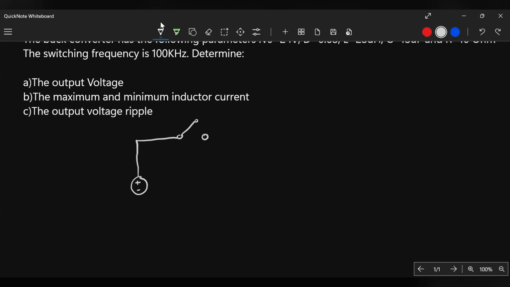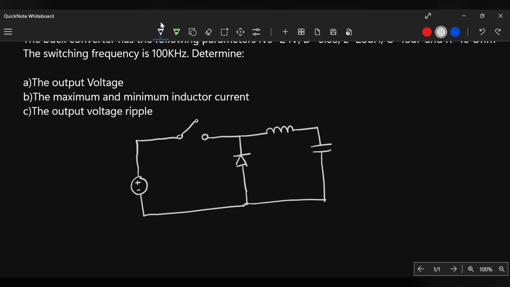And then we have a diode, an inductor, and a capacitor. So this is the circuit setup of a buck converter, and on this side here, we have the load.